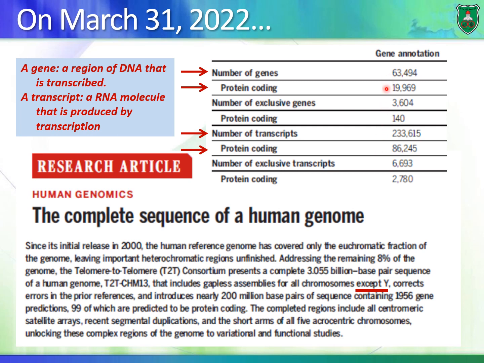So we have 63,000 genes, but only 19,000 of them produce protein. What about the rest? Well, they produce non-coding RNA.